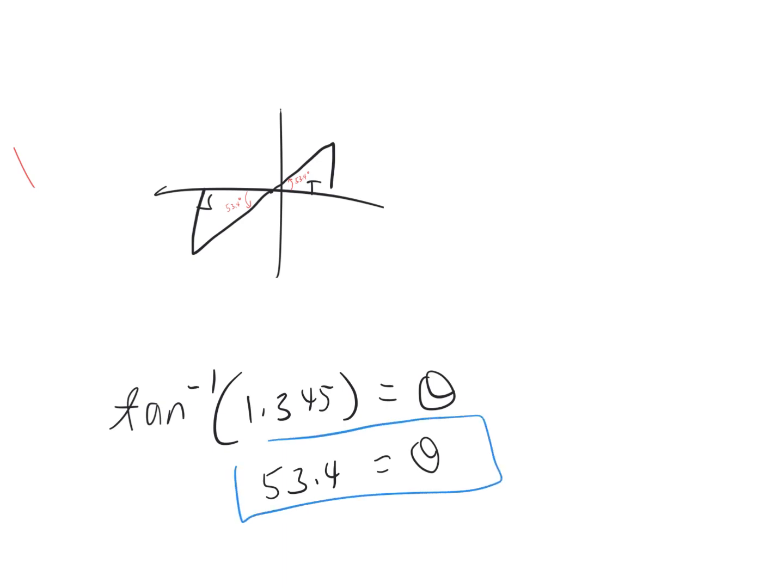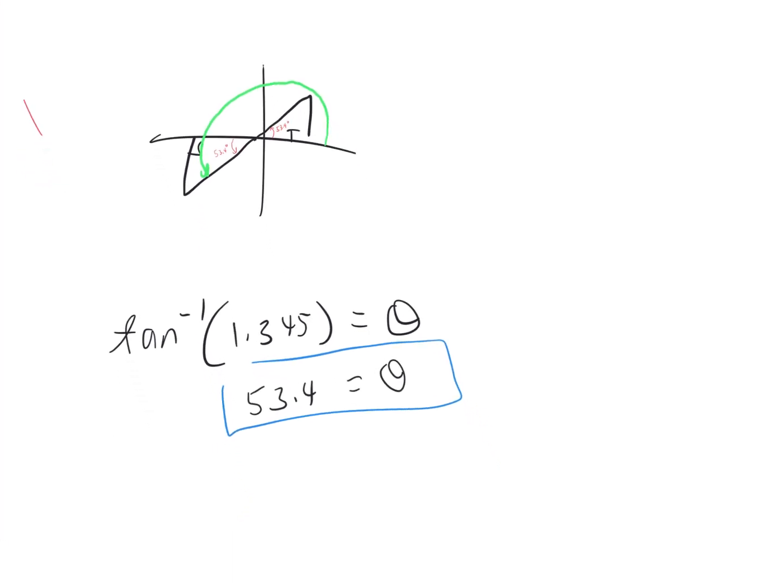And then if we want this other angle, the angle that starts here, goes up and around all the way, and then eventually hits this thing, I think my student recognizes that that's going to be 180 plus another 53.4, and that is 233.4. So the other angle is 233.4. So that is the other answer.